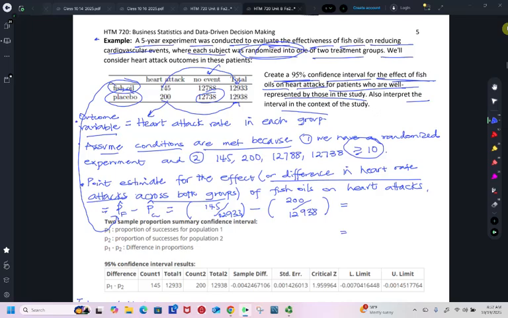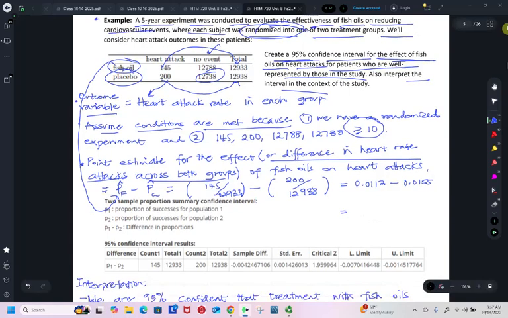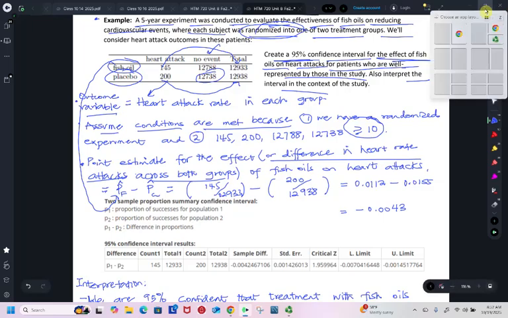So getting out my calculator, what do I have for that computation? That would be 0.0112 approximately minus 0.0155. So that will give me about negative 0.0043 approximately.